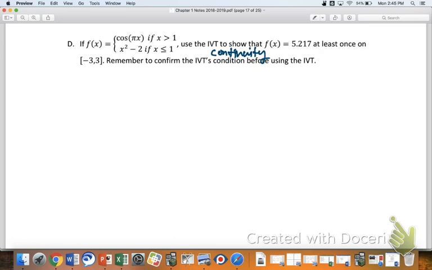I need you guys to use that to confirm that, yes, this truly is continuous. Or maybe you find out that this is not continuous, and we just stop and say IVT doesn't apply, because that can happen too. If you forget to check that, then you're like, oh, if only I would have checked that. So please confirm or deny the continuity, and then if you can confirm, move on. Okay?